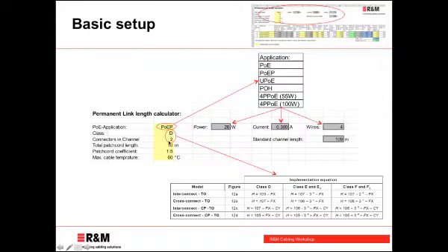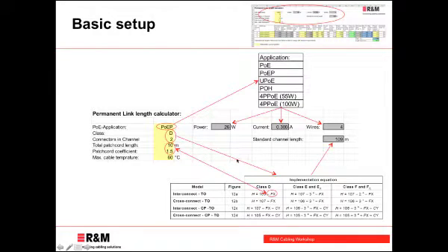So you have to select the right level here with the class, with the number of connections. And from this standard table, we'll get the theoretical link length as defined by the standard.